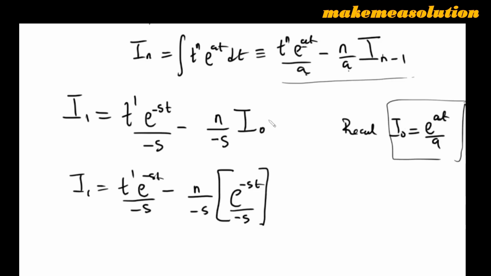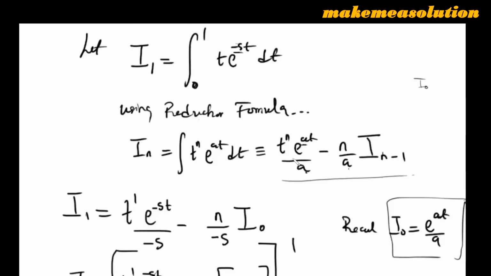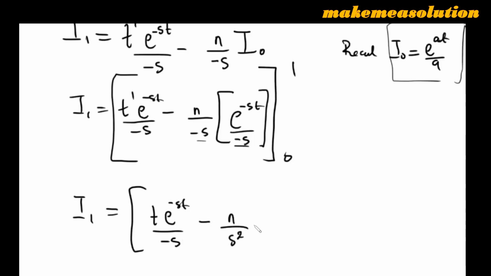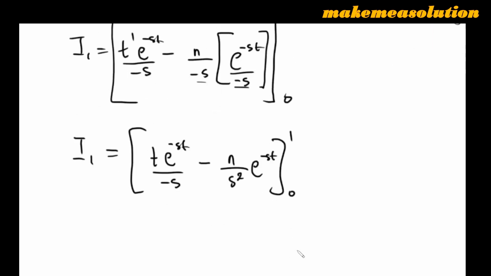So now that I've replaced I naught, I can now apply the definite integral, which is from 0 to 1. Is that okay? Definite integral from 0 to 1. So you just have to simplify. You now have something like this: t exponential minus st over minus s, then minus s times minus s is s squared, minus n over s squared, and you now have exponential minus st, from 0 to 1. I hope I got that correctly.